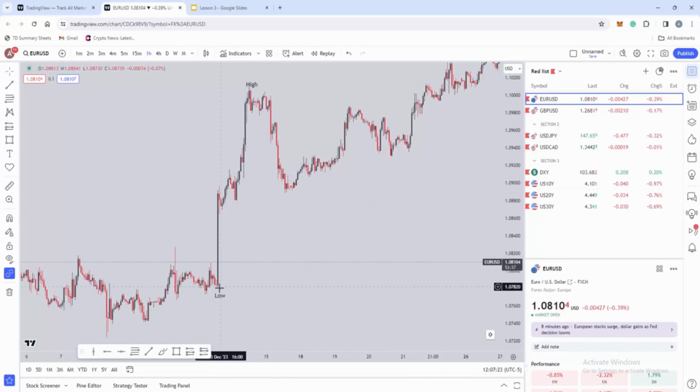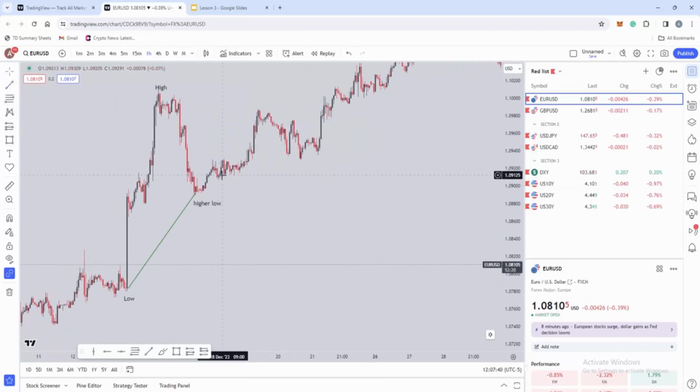So what we see is, this is our initial range. Price has its retracement here, creating us a higher low. Higher low compared to this low, because you know it's higher. And price tried to trade back up here, but didn't create a higher high, so we wait.